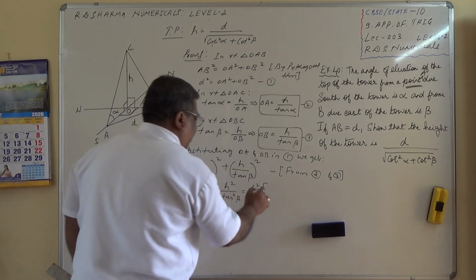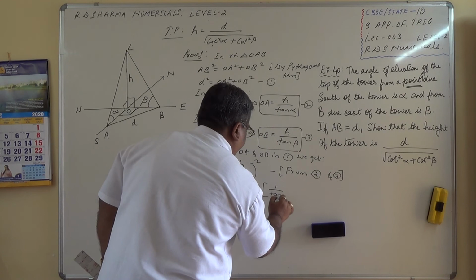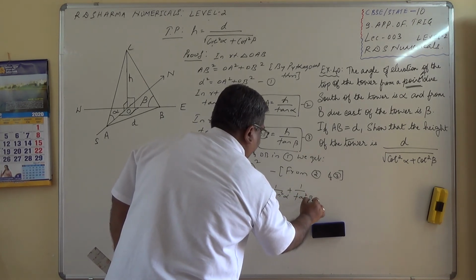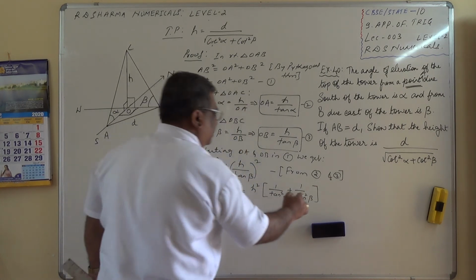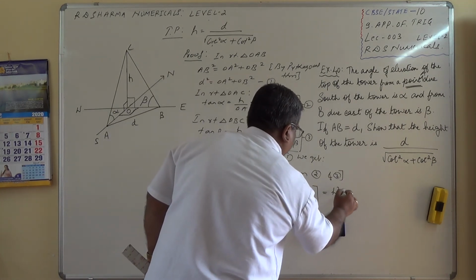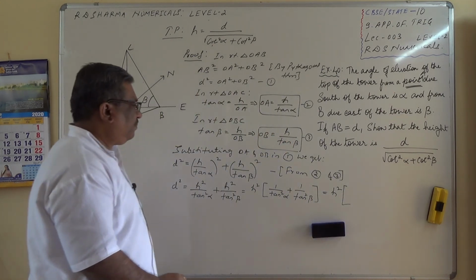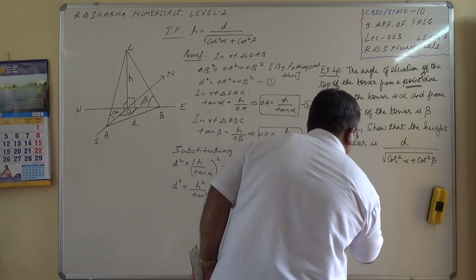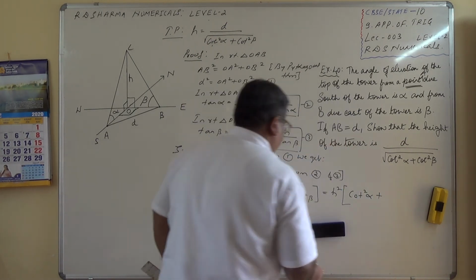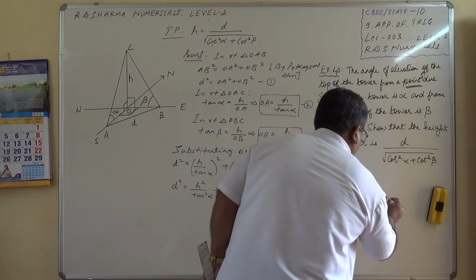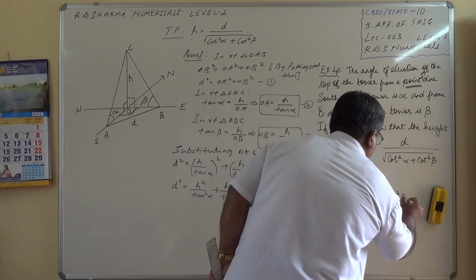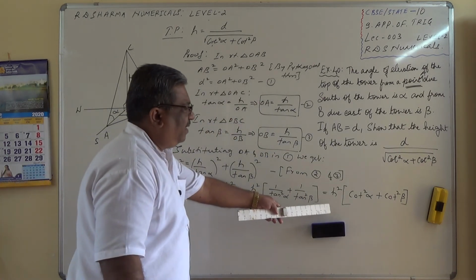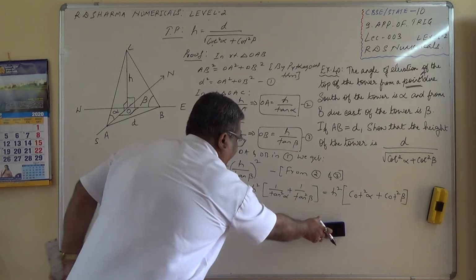If I take h square common, 1 by tan square alpha plus 1 by tan square beta, which is again h square into bracket. What is 1 by tan square alpha? Cot square alpha. Plus what is 1 by tan square beta? Cot square beta. So finally we got d square equals h square into cot square alpha plus cot square beta.